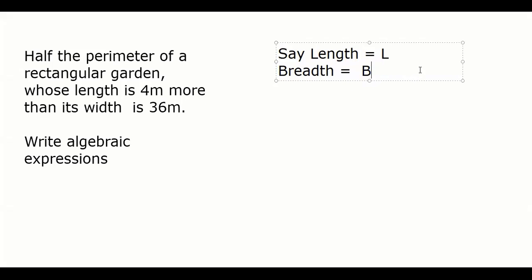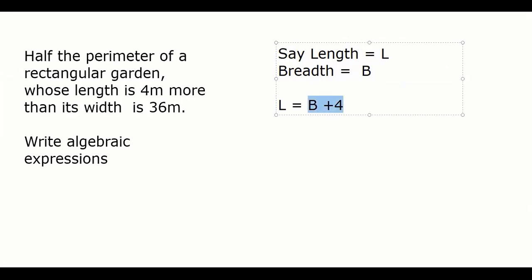Okay. Suppose I assume length is L and breadth is B. Okay, Asta? Dhruv, focus on what I'm explaining and then ask me any question on that. So length is L, breadth is B. First one says length is 4 meters more than its width. Length is 4 meters more. So either you can say length is B plus 4.